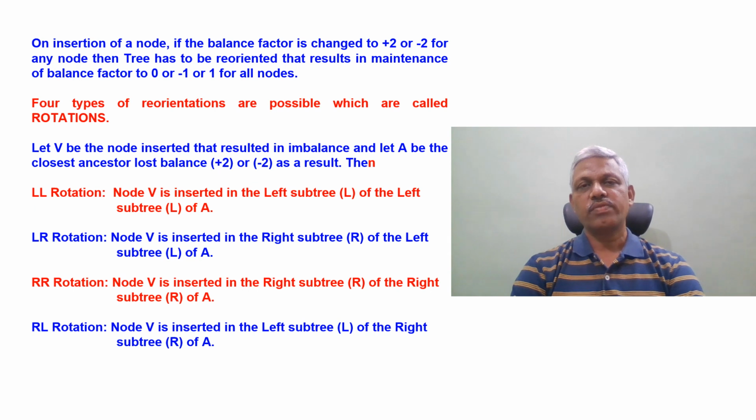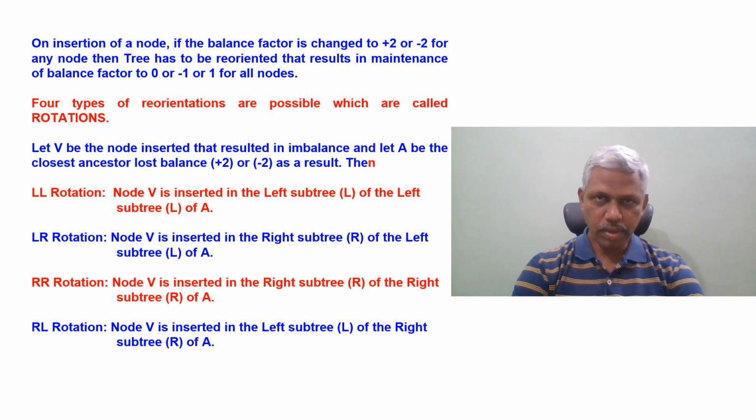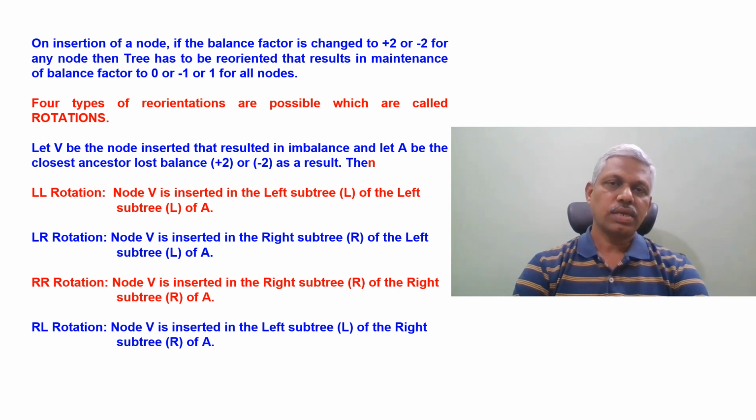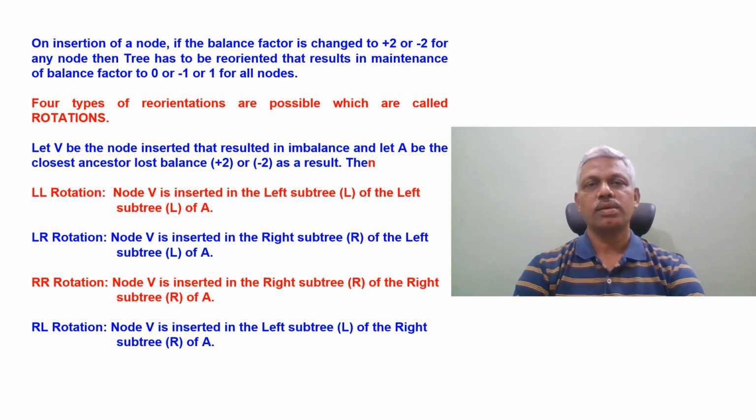On insertion of a node in an AVL tree, all the nodes are already balanced. If we insert a node at any location, then it may cause an imbalance. This imbalance can be observed in 4 ways. We may insert the node in the left subtree or right subtree of a node.